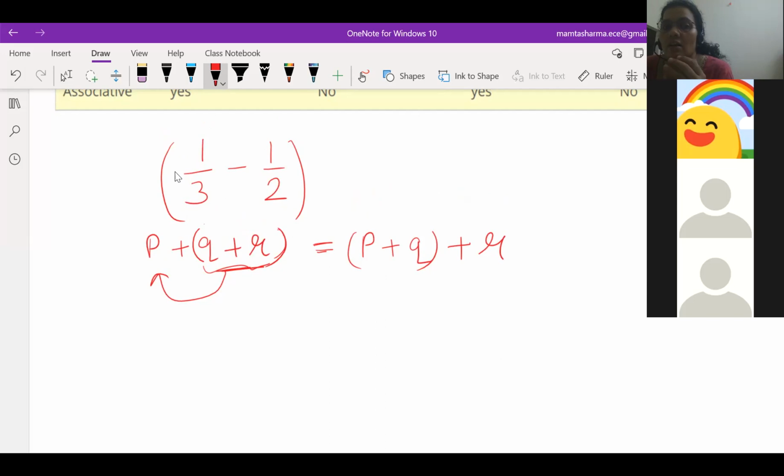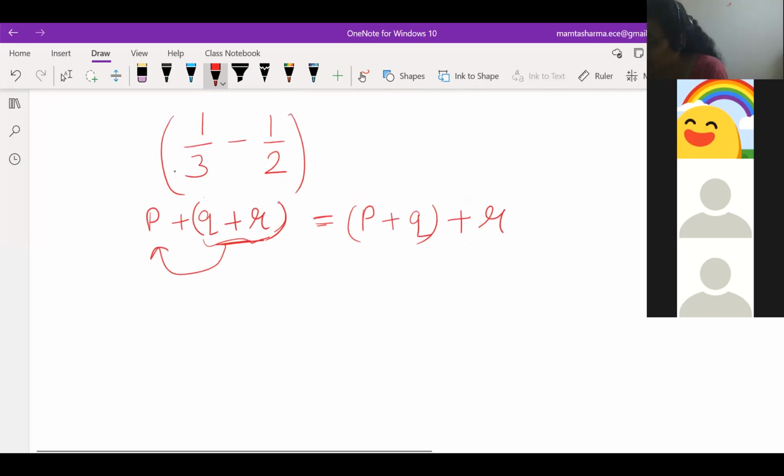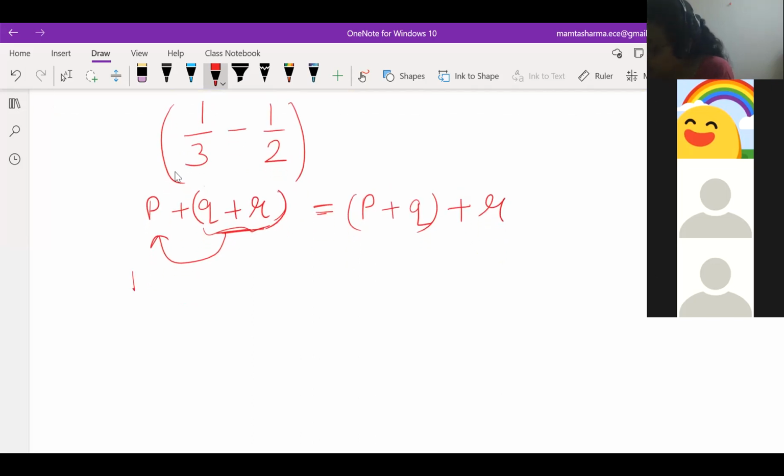Then we can say that the rational number is satisfying this property. Okay. Now take p as 1 by 2, q as 1 by 3, and r as 1 by 4. Now perform it.